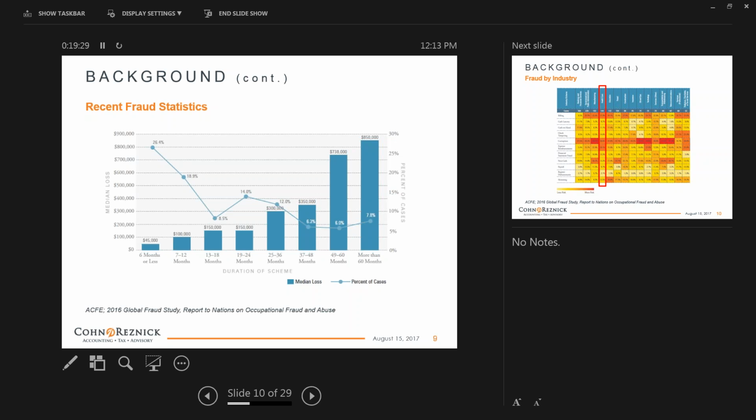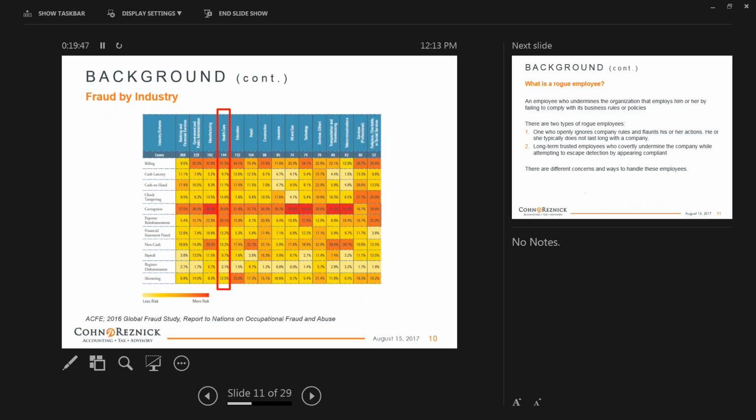And then as you move right, you see that as the fraud cases last longer and longer, the impact of the dollars to the organization increases, but the frequency of those cases decreases. And that's pretty important to understand. And these statistics are across all industries.